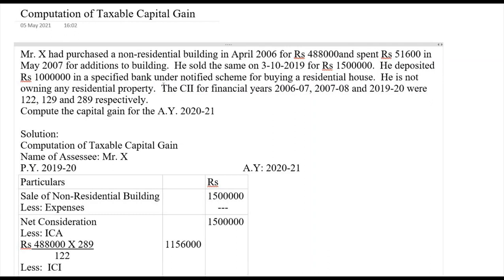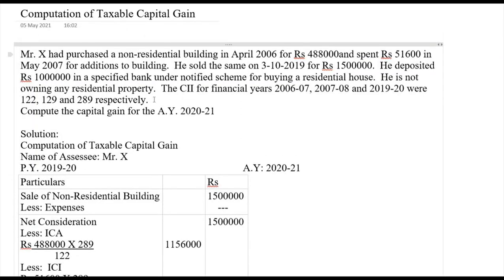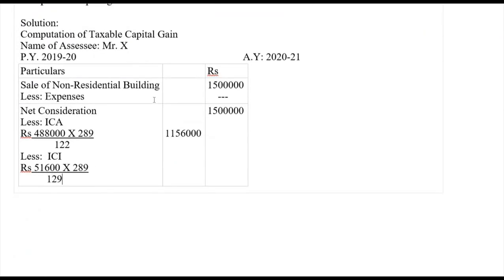I'll write it in short as ICI. The cost of improvement is given as rupees 51,600 multiplied by 289, divided by the cost inflation index for 2007, which is given as 129. So it comes to rupees 1,15,600.